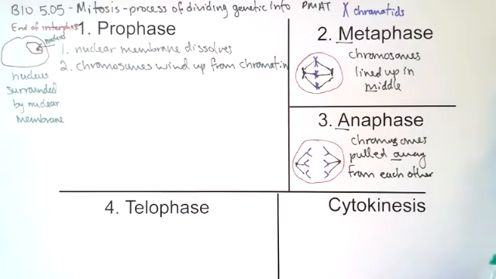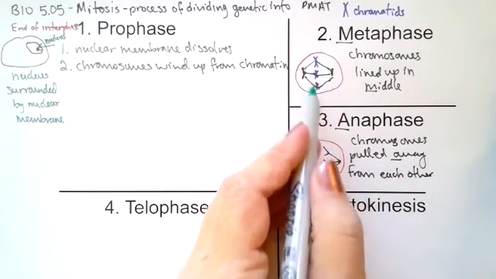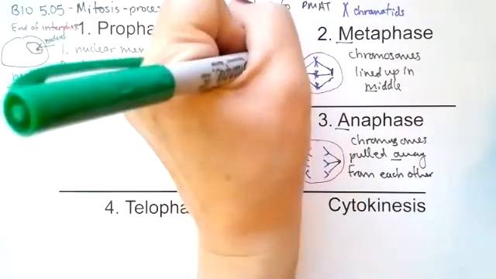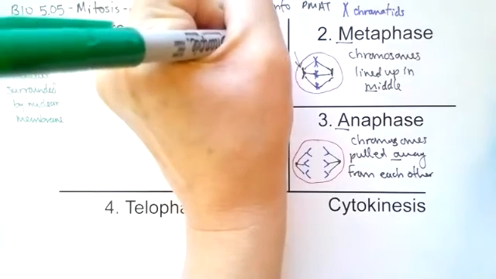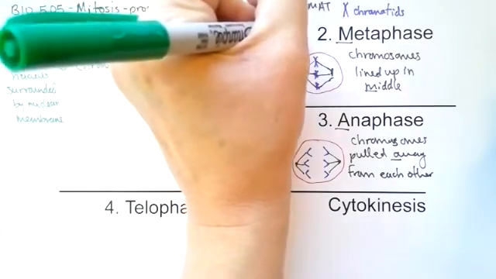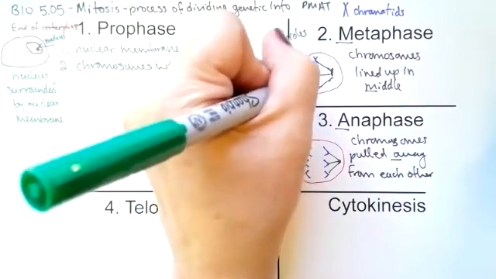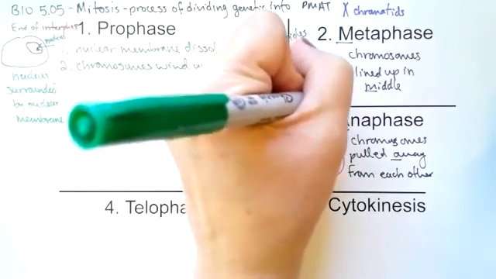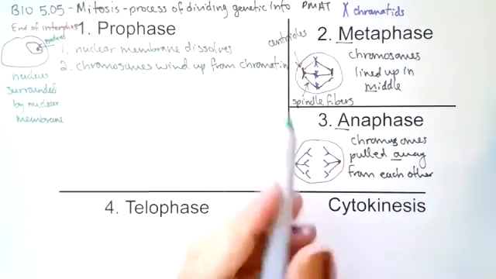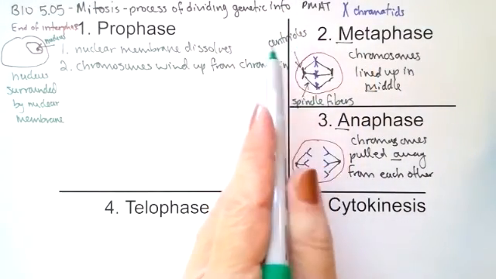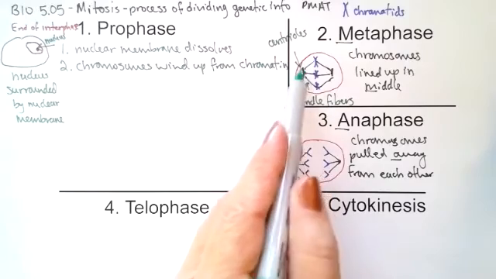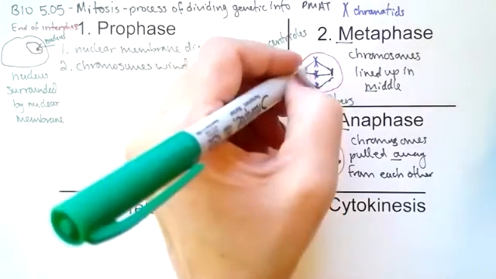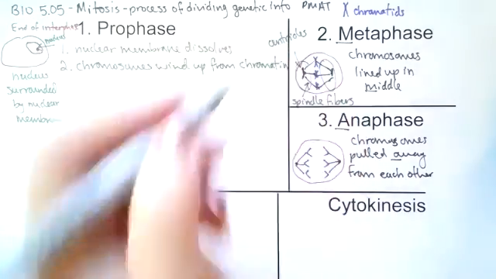Well, what's the other thing? What's all this stuff? These are called centrioles. And these are called spindle fibers. I'm not going to test you over that, but these are considered an organelle. Centrioles are considered an organelle, and they build these spindle fibers that attach to the chromosomes. So this whole shebang had to set up.